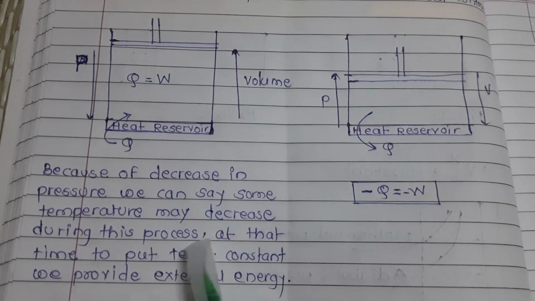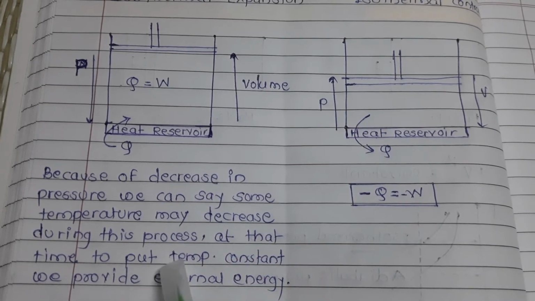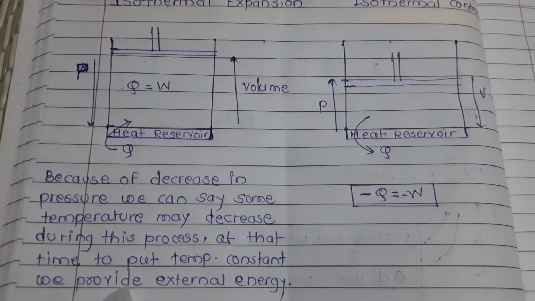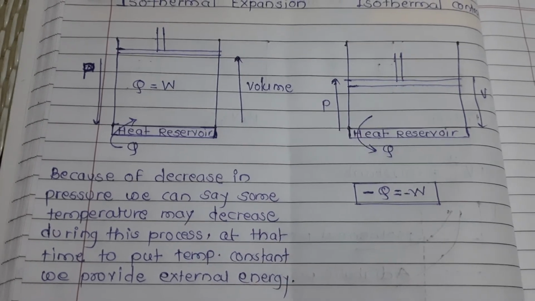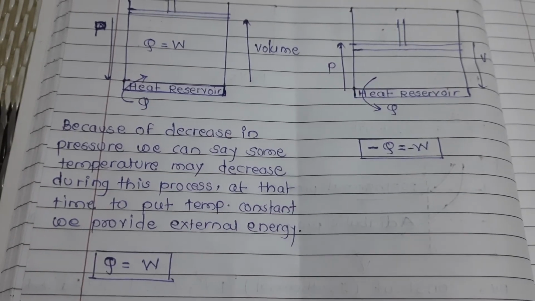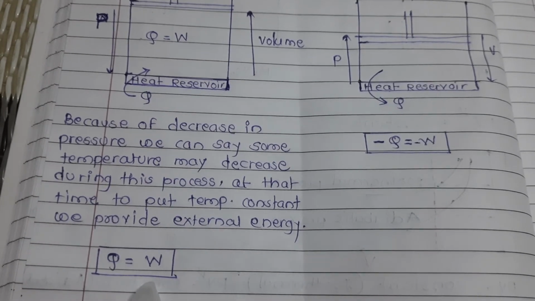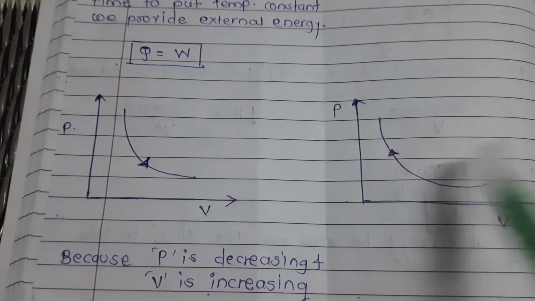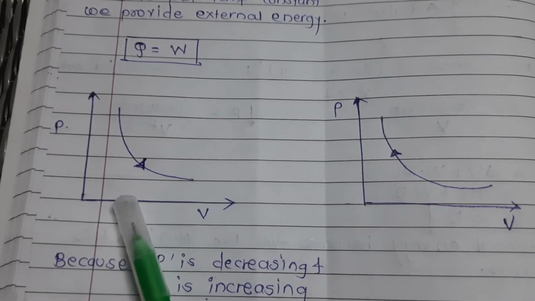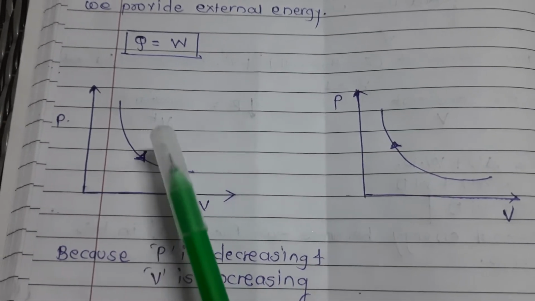During this process, to keep the temperature constant, we provide external energy. Q is equal to W. We already discussed this equation. Now see the graph for isothermal expansion.